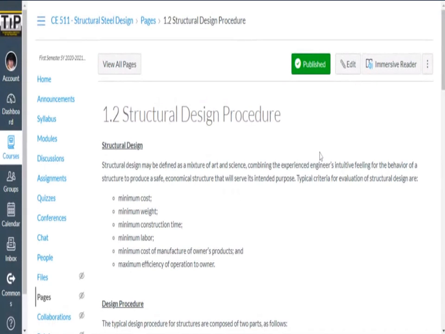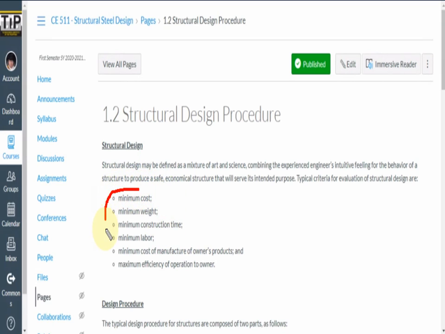So now, what do we consider in structural design? So typical criteria for evaluation of structural design are as follows. The minimum cost, well, pretty much self-explanatory. No? Minimum weight. So if you paid attention on your earthquake engineering course, the less weight the structure has, the less effect the earthquake will be.